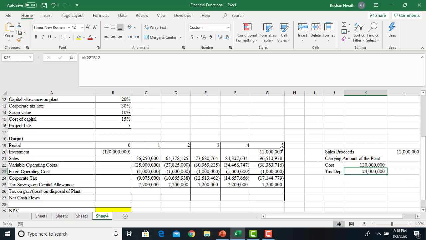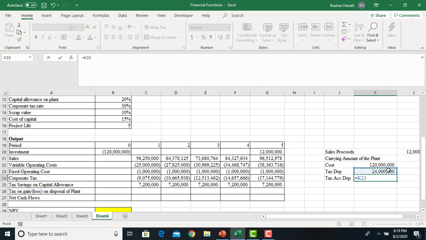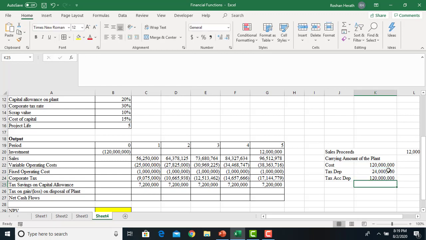Now you are at the end of year 5, so 1, 2, 3, 4, 5. 5 years' depreciation has been done. So if you calculate the accumulated tax depreciation, it goes like this, 24 multiplied by 5. Fine. So the depreciation comes to 120 million.